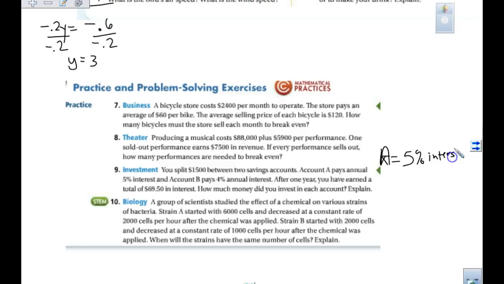We've got to figure out how much money we have in that. It has to total 1,500. Account B is at 4% interest. First equation might be what?